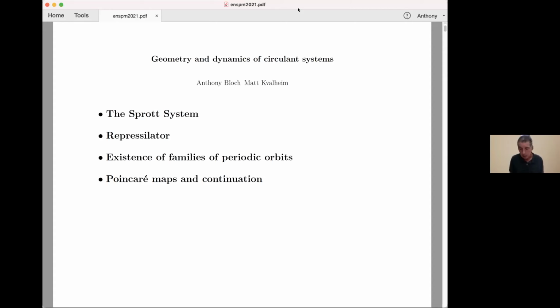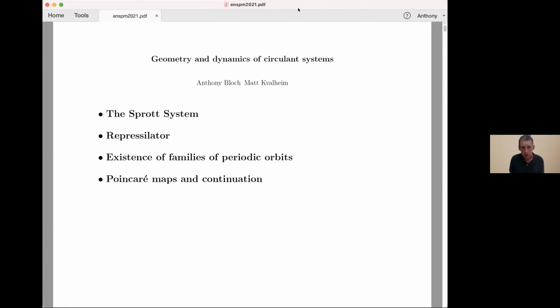And similarly, there is the repressilator, which is an iconic example of a biological system, and in particular, an artificial biological system. So it was really part of the renaissance of synthetic biology, where people wanted to see if they could construct oscillating systems out of cells.